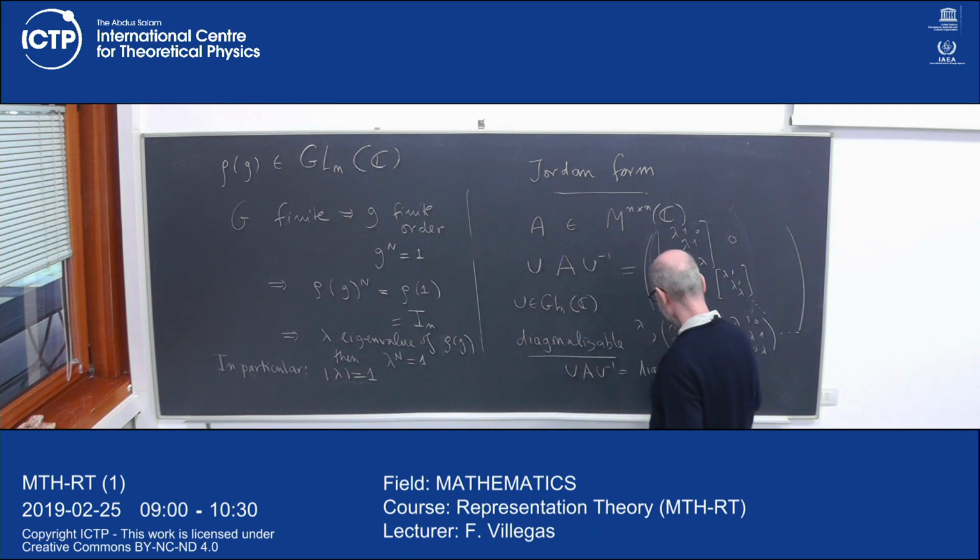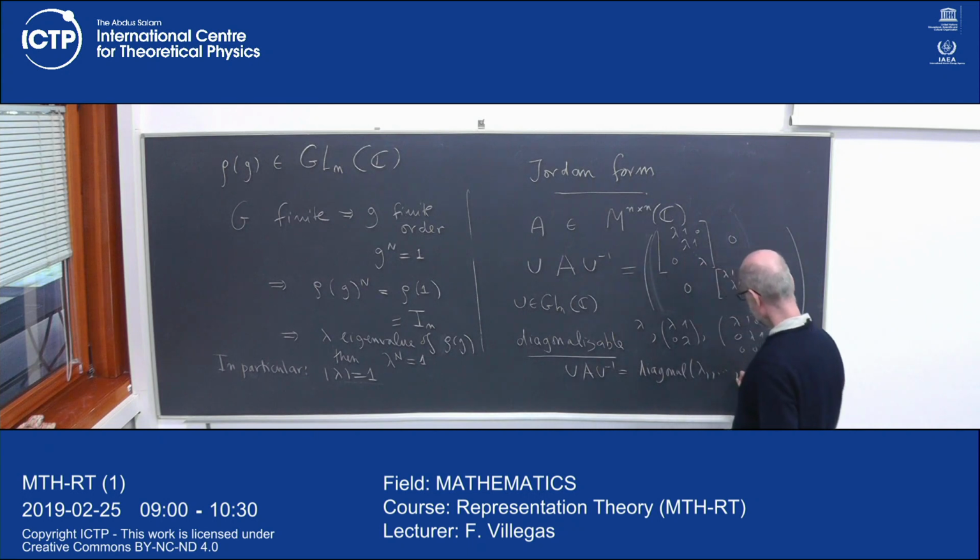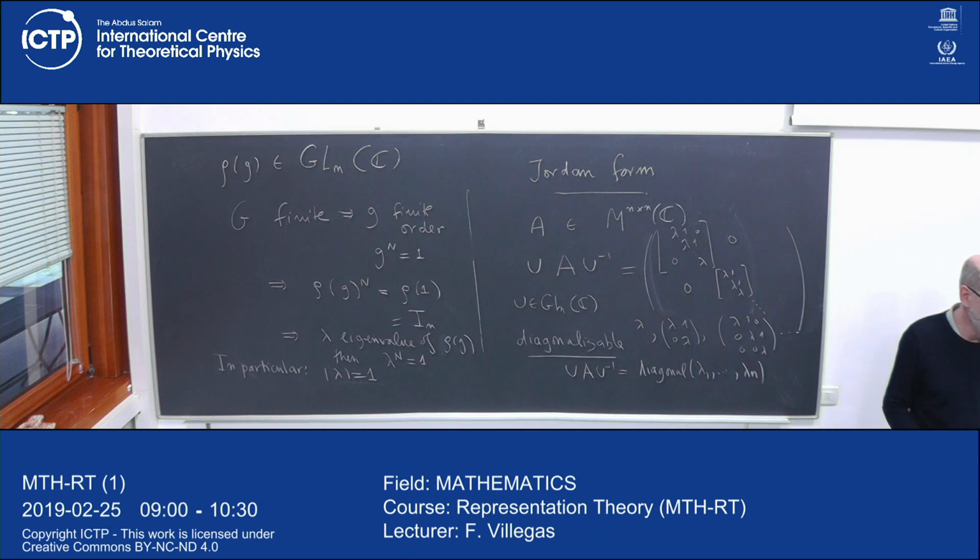Let me write it as diagonal with some eigenvalues lambda 1 to lambda n, which could be repeated. For example, the identity is the diagonal matrix with all ones.